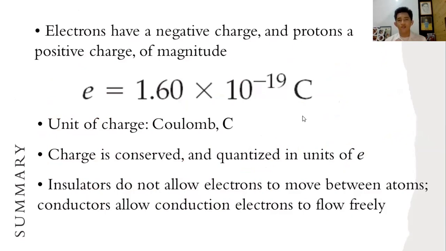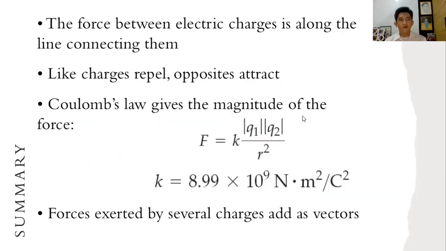Insulators do not allow electrons to move between atoms, and conductors allow electrons to flow freely. The force between electric charges is along the line connecting them. Like charges repel and opposite charges attract.